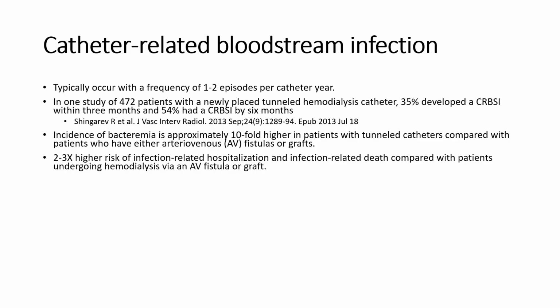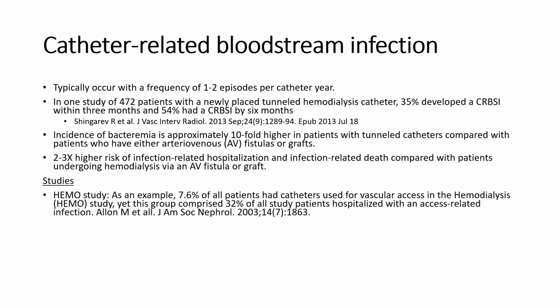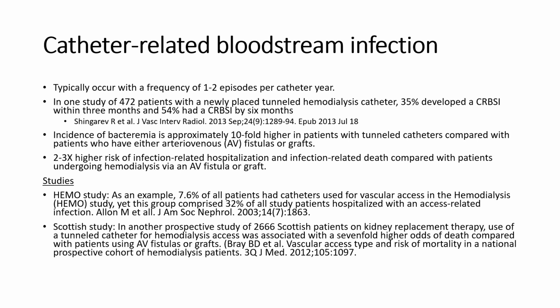And all of this translates into bad clinical outcomes. In the HEMO study, for example, 7.6% of all dialysis patients had catheters, and yet this small group comprised about a third of all of the hospitalizations for access-related infection.